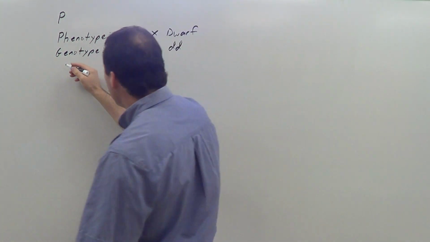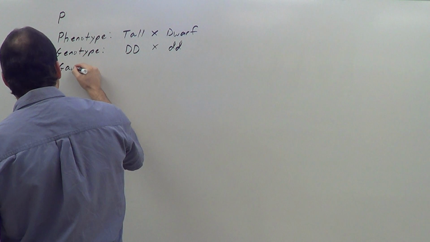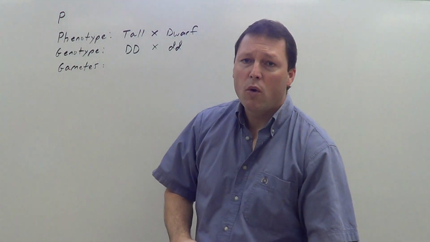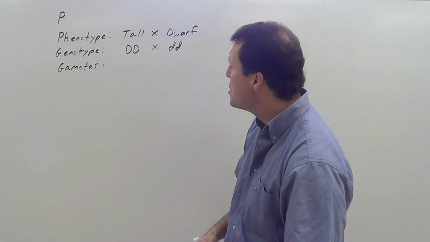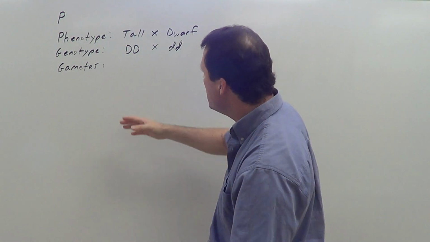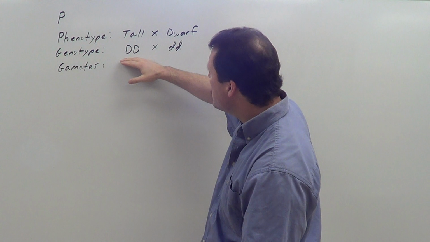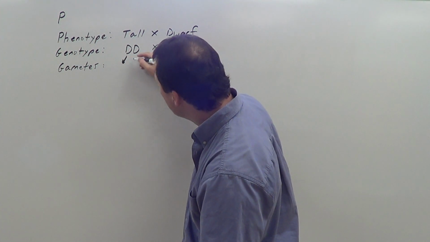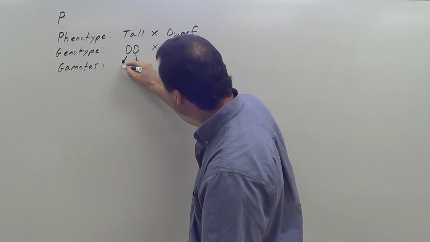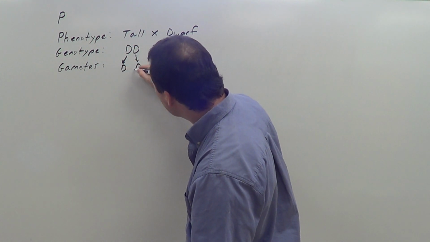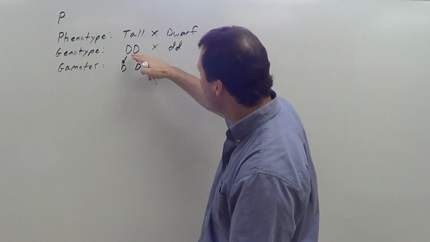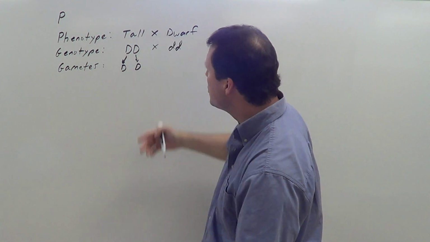And now I'm going to write gametes. Gametes are sperm or egg, and yes, most plants produce sperm and egg, especially pea plants. Now this tall pea plant could either give a gamete a capital D or this capital D. Remember, you can only give what you have. So this tall pea plant only has capital D's, or genes for tallness.